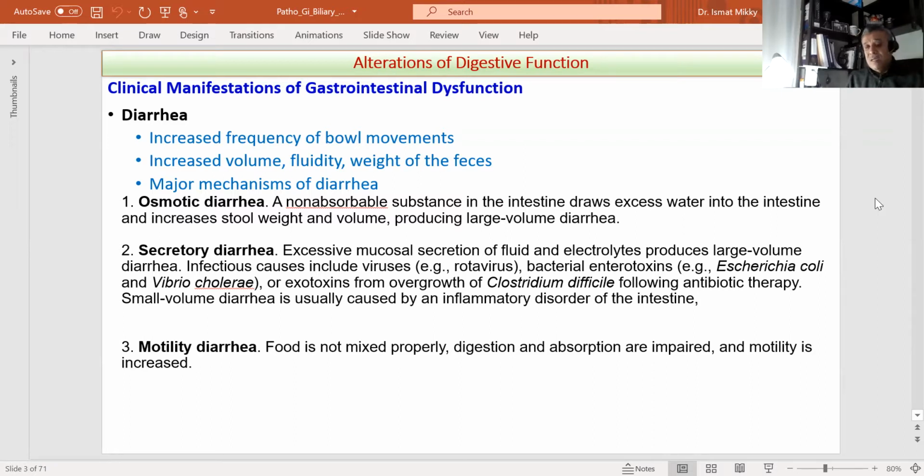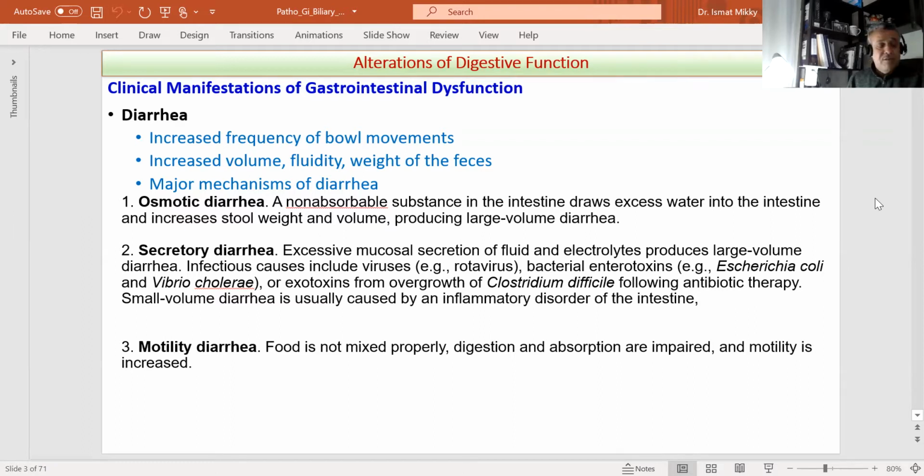The osmotic diarrhea causes would include lactase and pancreatic enzyme deficiency. Deficiency in the lactase or in the pancreatic enzymes could result in osmotic diarrhea, or excessive ingestion of things like synthetic sugars.